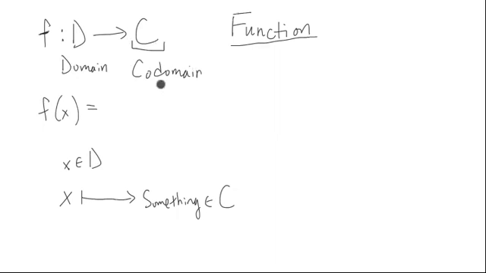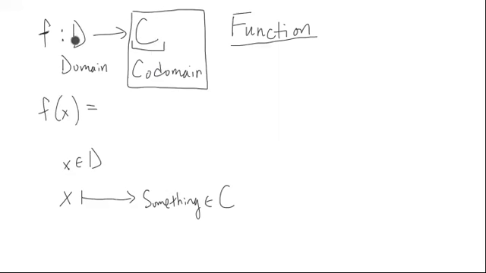The codomain simply gives us the data type of what those values are. So kind of like an overarching set or environment that this function is allowed to have outputs in.